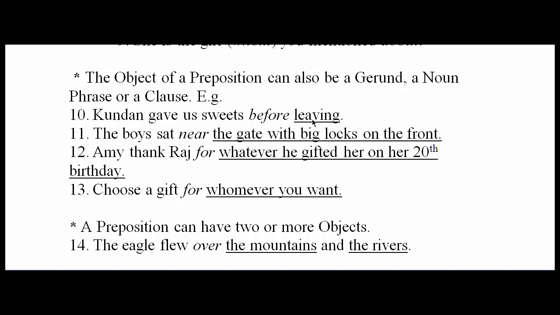Kundan, name of a person, third person, proper noun, gave us sweets before leaving. The preposition before governs the object, which is a gerund, leaving. The object of the preposition before is a gerund, that is leaving.